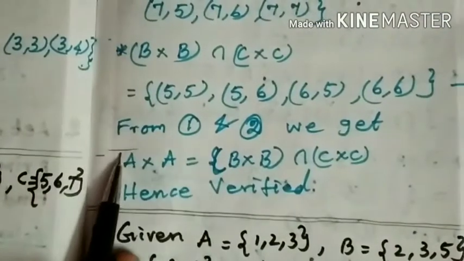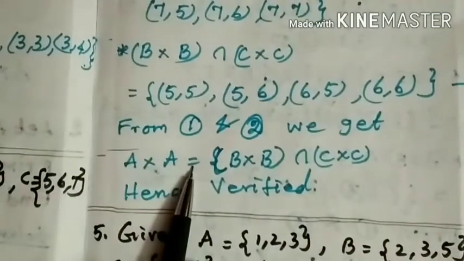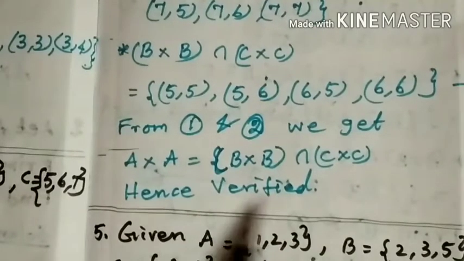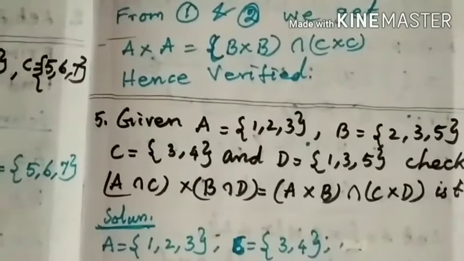Equal. So from 1 and 2 we get A cross A equal to B cross B intersect C cross C, hence verified.